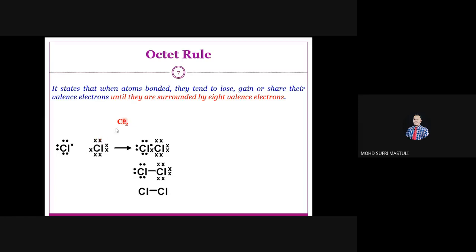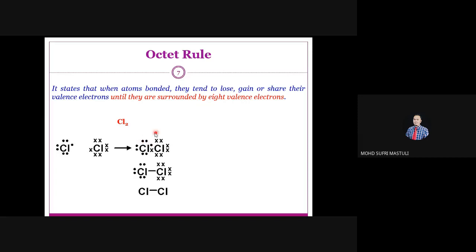In order to achieve the octet rule, or 8 valence electrons, this 7 must share 1 valence electron from another atom to become 8. 7 plus 1, it becomes 8. Same goes for the second chlorine. It has 7 valence electrons, shared with one valence electron from another chlorine in order to become 8.